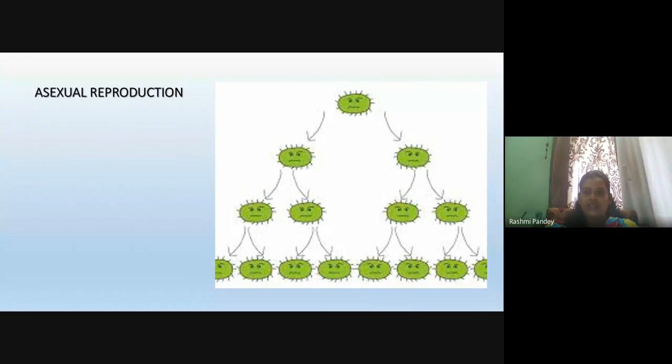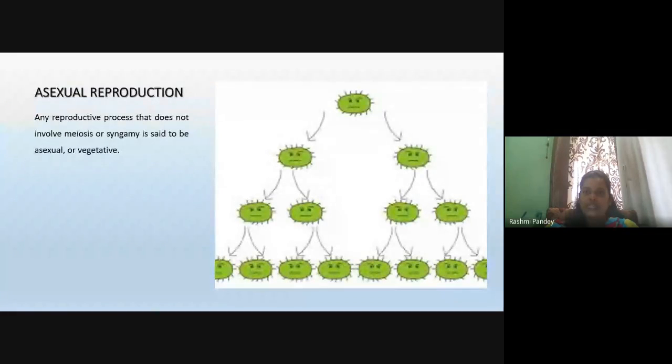There is one cell giving rise to two daughter cells, again dividing and giving rise to multiple copies of the cell, we can say. So in that sense, asexual reproduction could be any reproductive process which does not involve meiosis or syngamy.